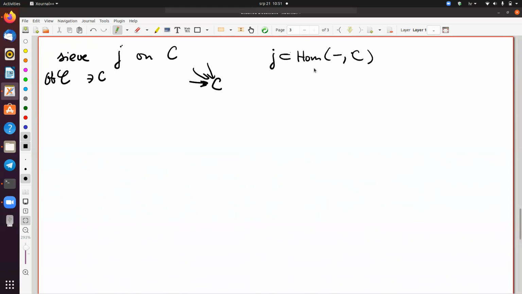So this is a subset of it, but it has the feature that it's a right ideal in some sense. That meant that if I precompose these arrows which are in J with anything, I will again get an arrow in C.